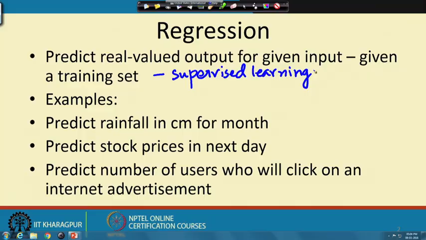Whereas, if you predict whether the stock goes up or down, that is a 2-class classification problem. Another example many people study is the fraction of users who will click on a certain internet advertisement. So, these are all examples of regression.